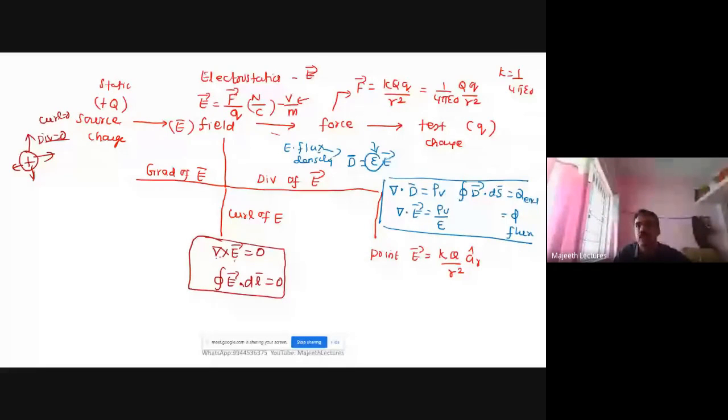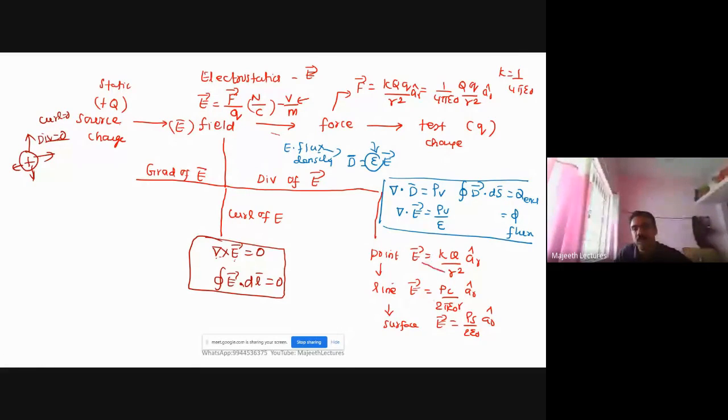Next, electric field due to line charge, E is equal to rho L by 2 pi epsilon naught R, AR. Then electric field due to surface charge is E is equal to rho S by 2 epsilon naught, AR. So these things you must know.